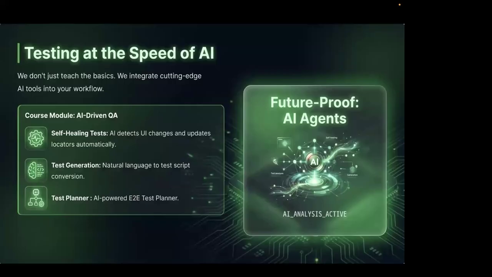And then the healer agent. What does this healer agent do? Tomorrow, let's say a deployment has happened to your environment, and they have changed the locator of some element. When you run your test case, it is automatically going to fail. But then using this healer agent, you can tell it, hey, my test case is failing, can you please check why this is failing and fix any locators that have changed?